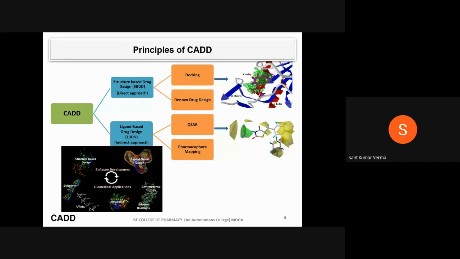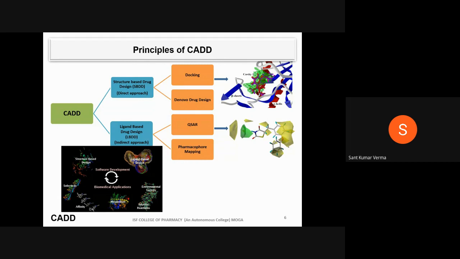SBDD includes docking, where we predict the binding affinity of the ligand with the target, and we can also identify the mode of binding interactions of the ligand with the target and compare with the standard molecule if any standard molecule is present in the market.